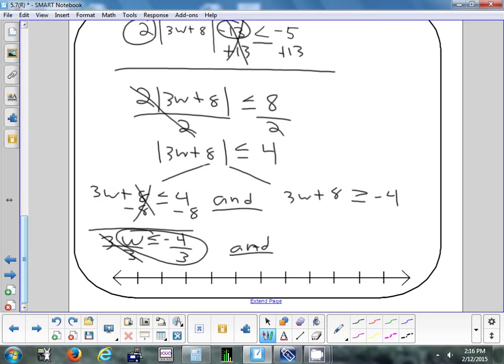Okay, how do I solve this one? First step. Matt? Subtract 8. That's going to give me 3W. What's negative 4? Take away 8. Negative 12. Okay, Kayla, what's my next step?